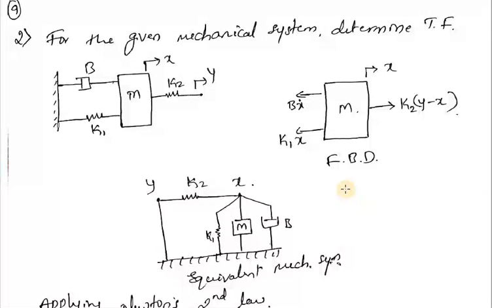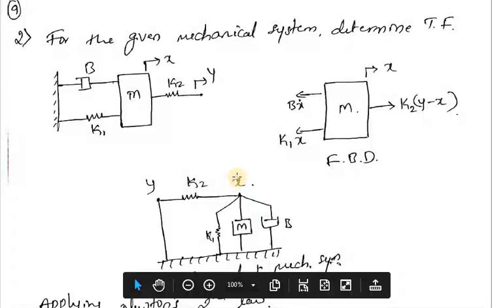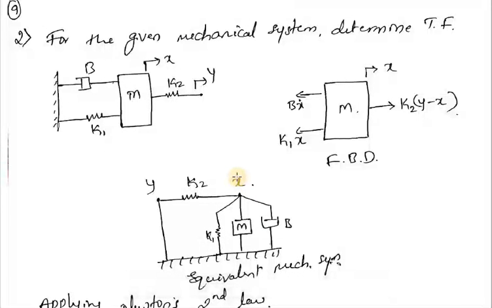After that, we need to draw the equivalent mechanical system. Again, the number of displacements is 2, that is x and y. First mark those two nodes x and y separately. Then try to identify the elements which are associated with each displacement. For example, for x, the elements associated are m, b and k1, because x is directly connected to m, and b and k1 are in parallel combination, so obviously they will have the same displacement.